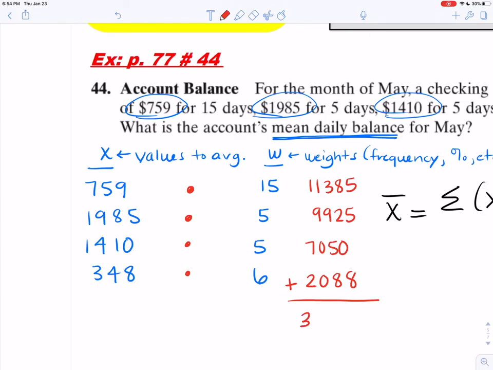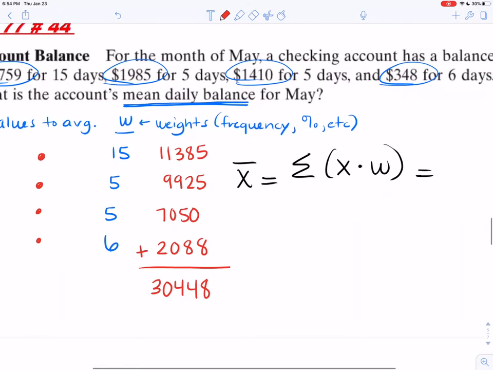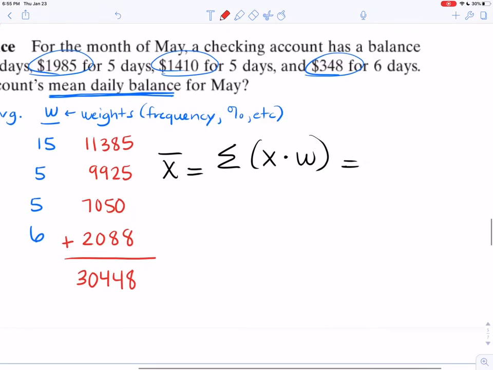And in this case, that's going to give me a value of 30,448. Now, that value is this value in my numerator. Because again, I took each value, I multiplied by its weight, and then I added everything up, which means I took the sum.